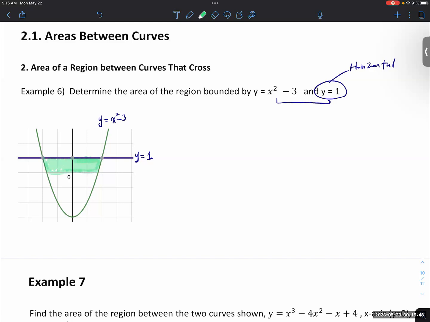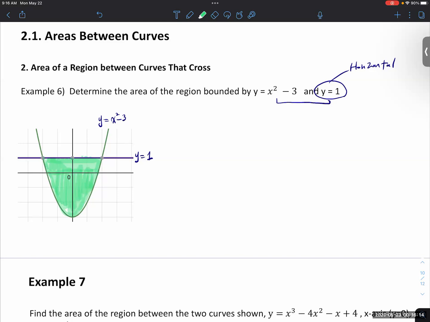Determine the region bounded by y equal to x squared minus 3 and y equal to 1. So actually, the area between these two is this area.